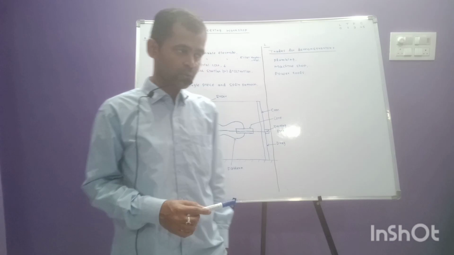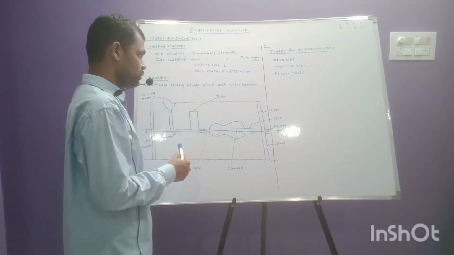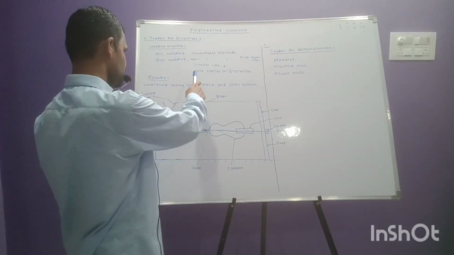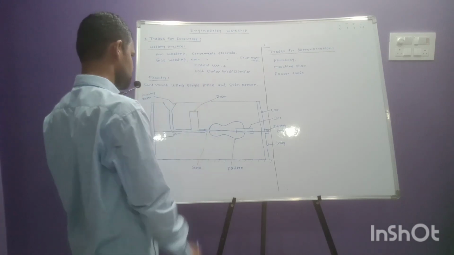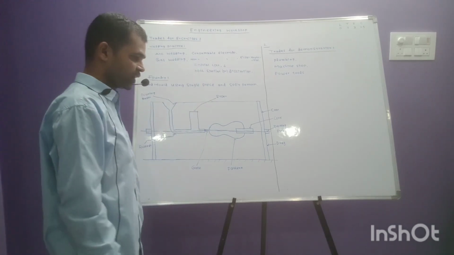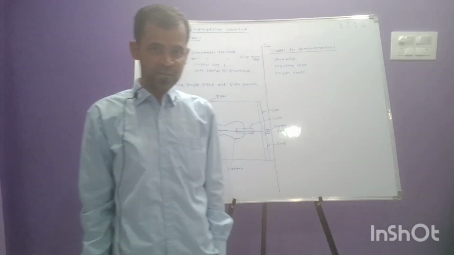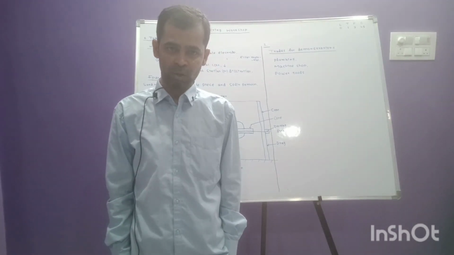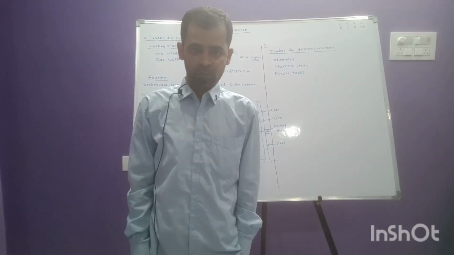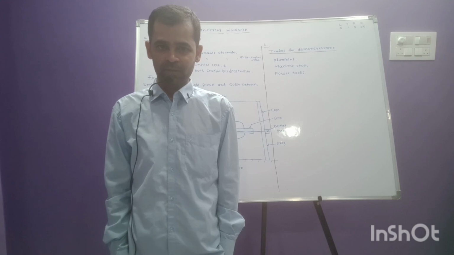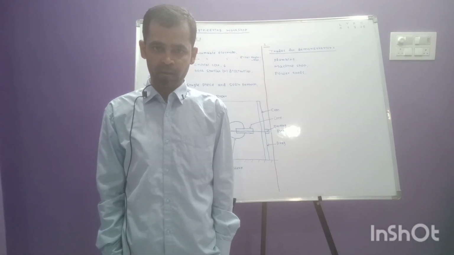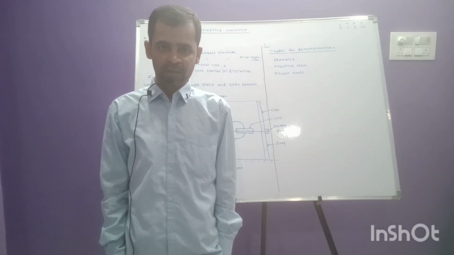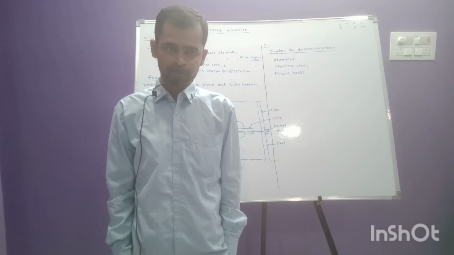Filler material is also used. The initial cost of gas welding is less. In gas welding, both similar and dissimilar materials can be joined. The flame temperature we get is approximately 3000 degrees Celsius.